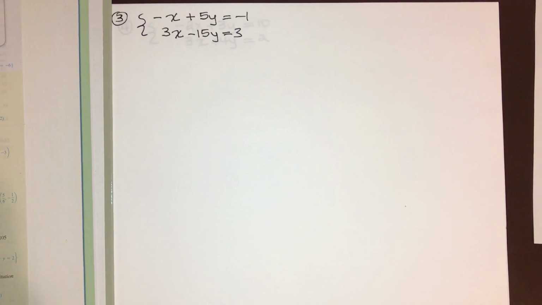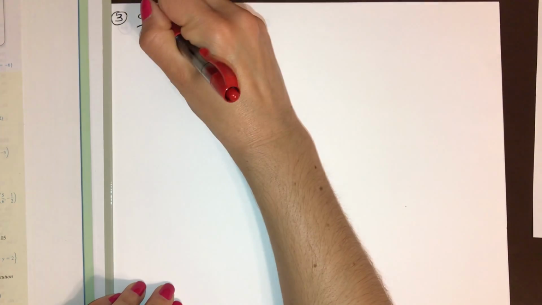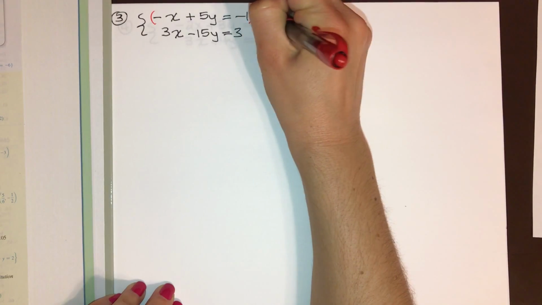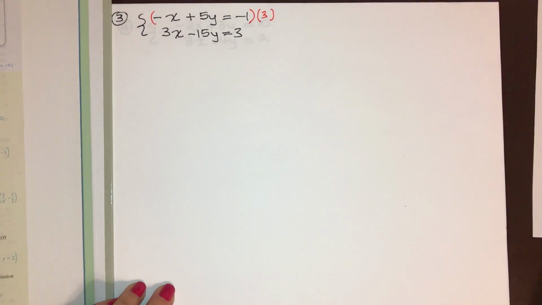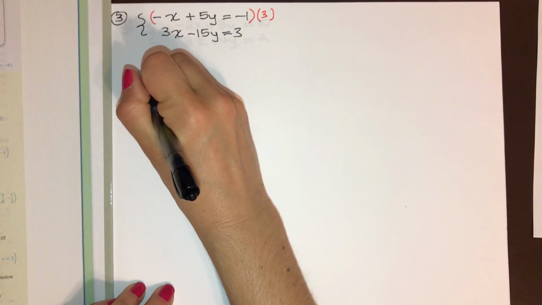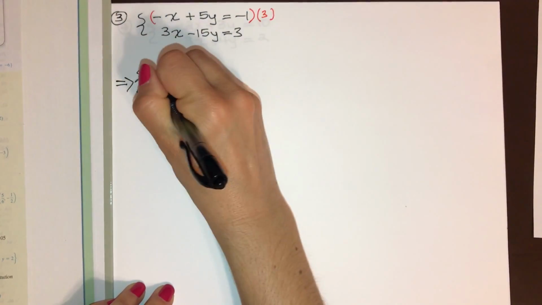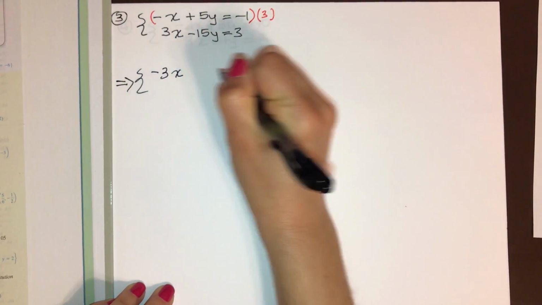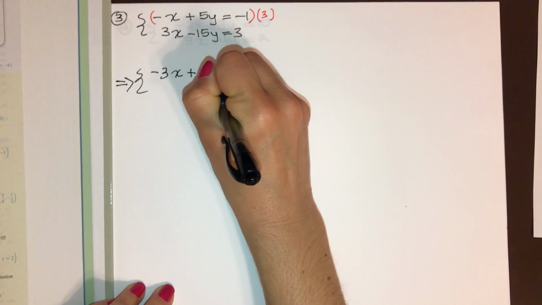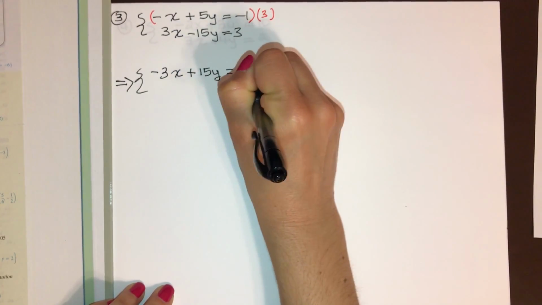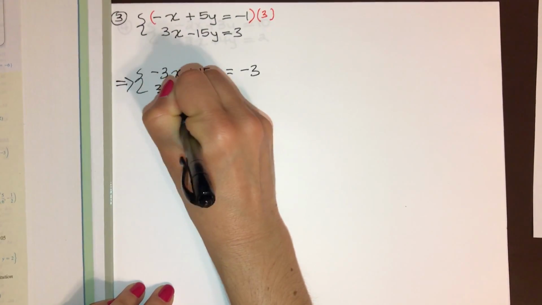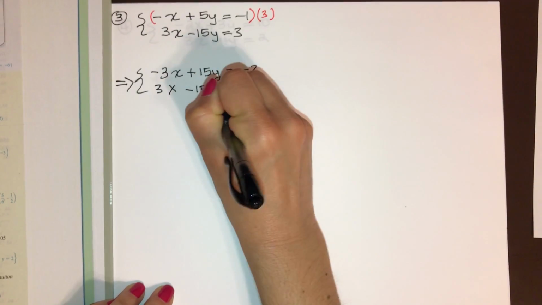So I will multiply the first equation by 3, and let's see what happens. Recopy the second equation.